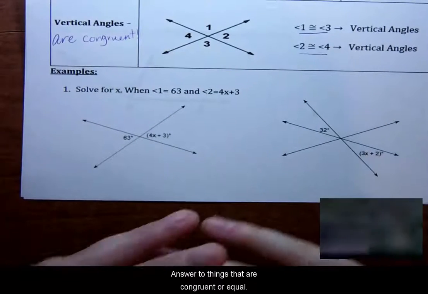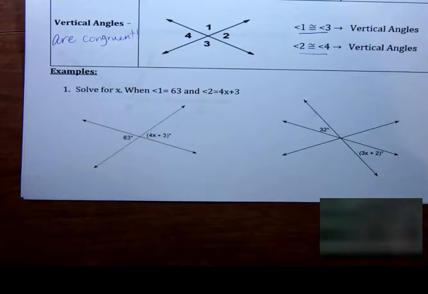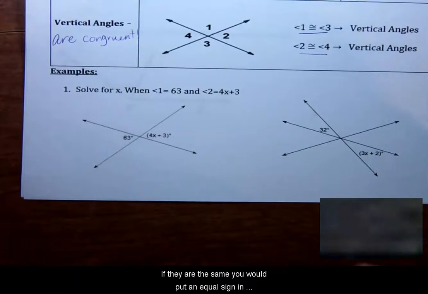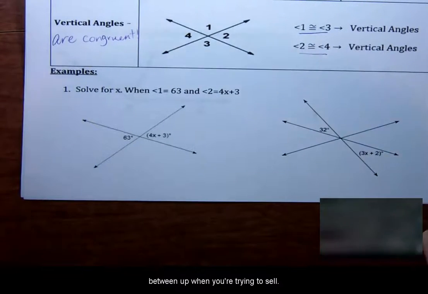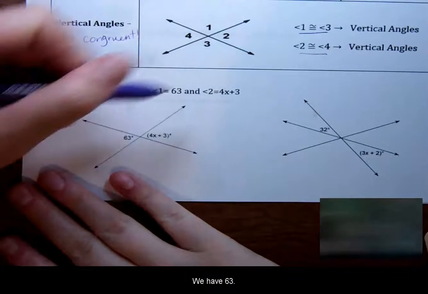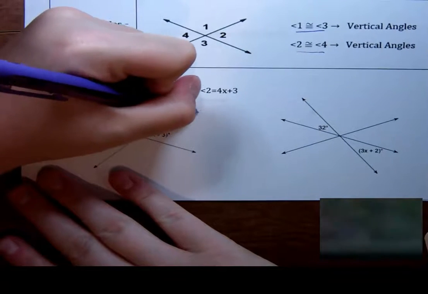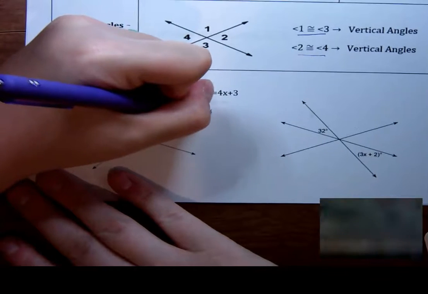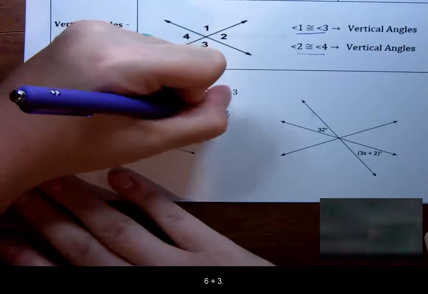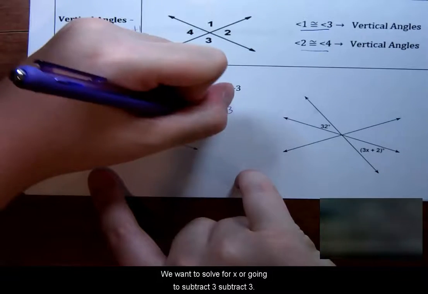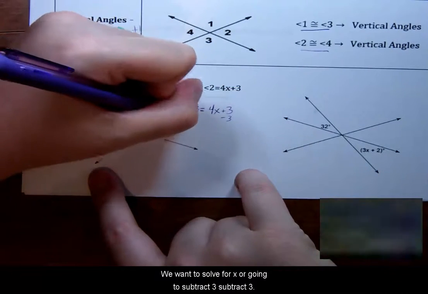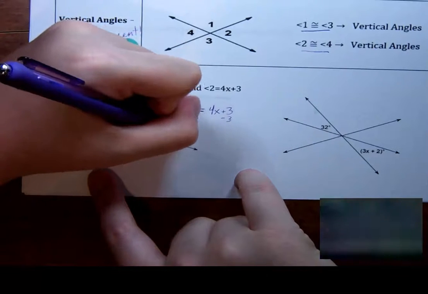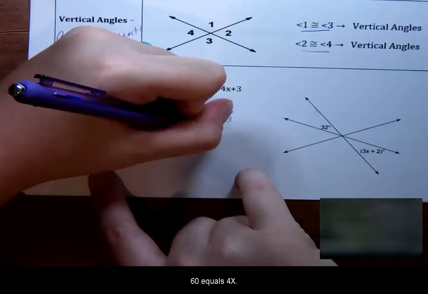All right, so two things that are congruent or equal, if they are the same, you would put an equal sign in between them when you're trying to solve. So we have 63 and we have 4x plus 3. And we want to solve for x. So we're going to subtract 3, 60 equals 4x.